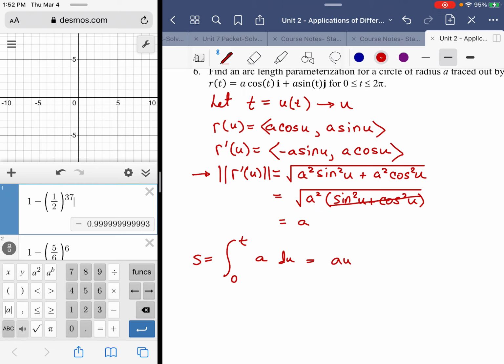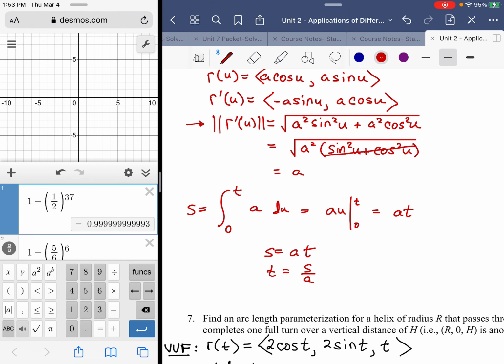So a u over the interval of 0 to t gives you at. All right, so s is equal to at, which means that t is equal to s over a. Now that t is in terms of s, because a is a constant multiple, we could write this as 1 over a times s, but we could also think of this as t of s.